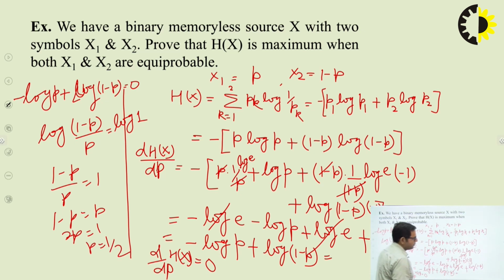So, we have proved that in the case of equiprobable symbols, we have maximum entropy, and for this maximum entropy, the probability of occurrence of each symbol must be equal to 1 by 2.